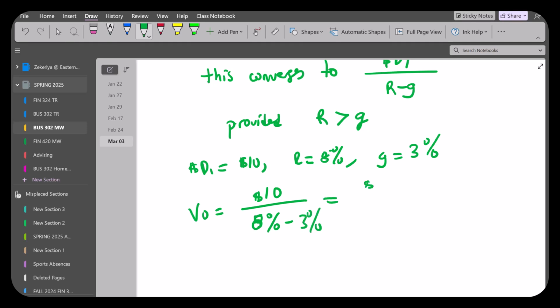Of course, that's $10 divided by 5%, not 20, I'm sorry, 200. 1 over 5% is 20, right?